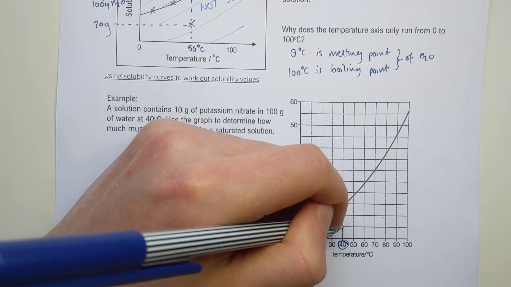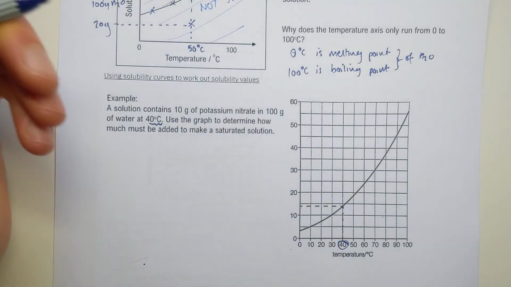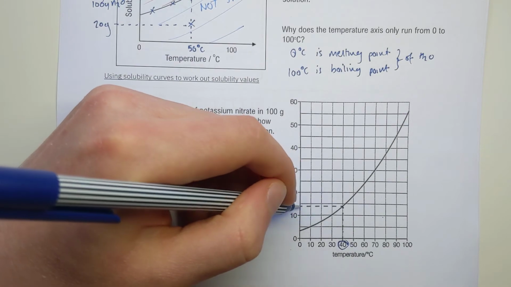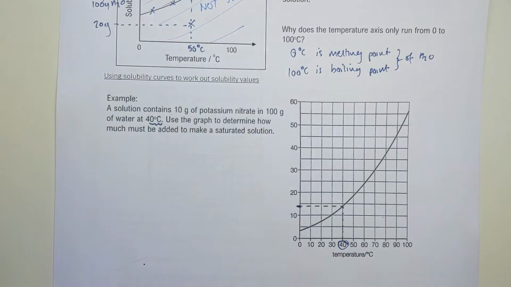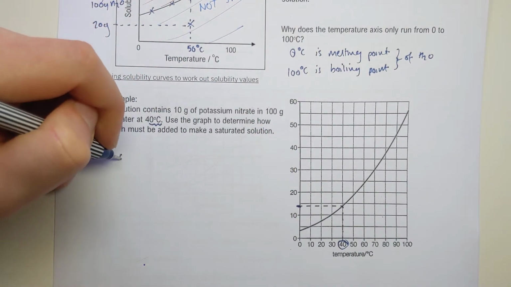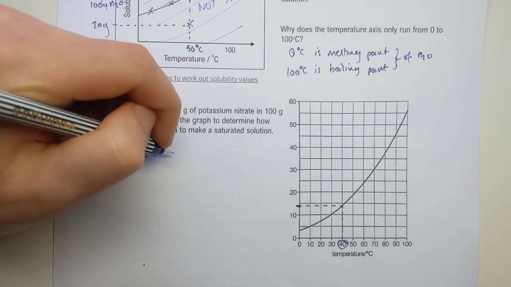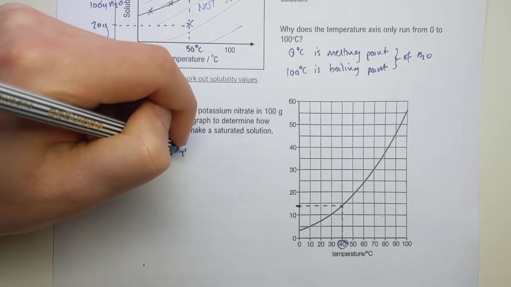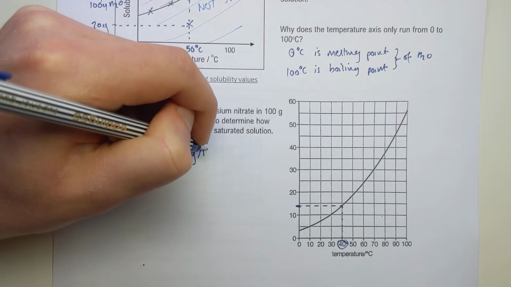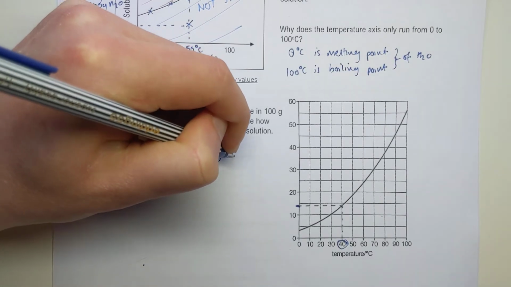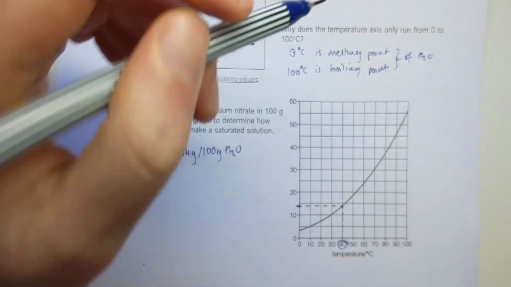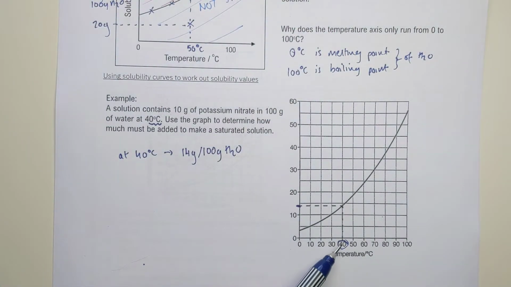At 40 degrees C, my curve tells me that if I extrapolate across, again, it's not a perfect graph, doesn't give me a proper scale, I would say that my solubility figure, which is on this y-axis, is, I'd say, 14 grams per 100 grams of water. So that's why I'm using the curve to tell me what the solubility figure is for any temperature I want. The temperature I want is 40 degrees C, therefore it's 14 grams at that temperature.